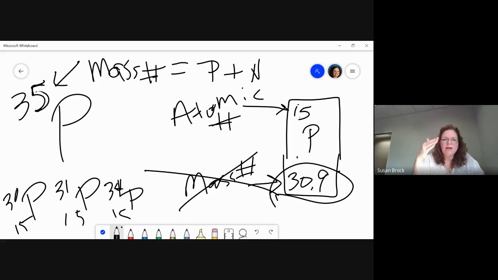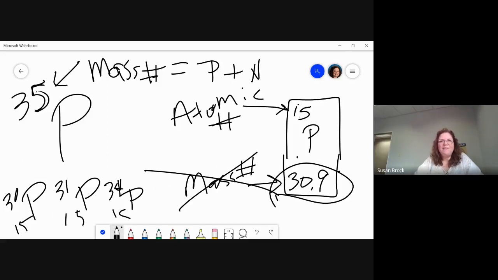And since they have different amounts of neutrons, that means some of them are heavier than others. So if some are heavier than others, when I want the weight of the average, I just have to average those together. So let's say I had a bunch of people on a scale. I got some fat people, some skinny people, and some middle-sized people.